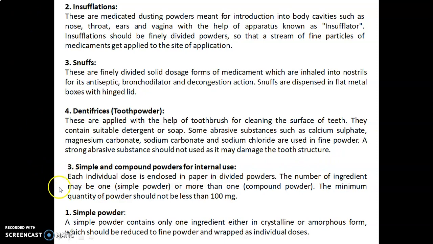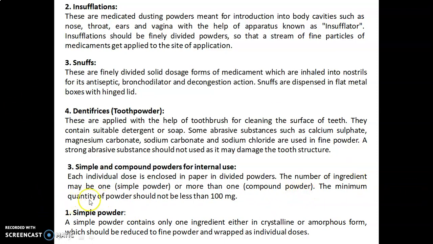Then next, the third class, that is the simple and compound powder for internal use. This is the main class of the powder. Each individual dose is enclosed in paper. In the divided powders, the number of ingredients may be one, a simple powder, or more than one, that is a compound powder.